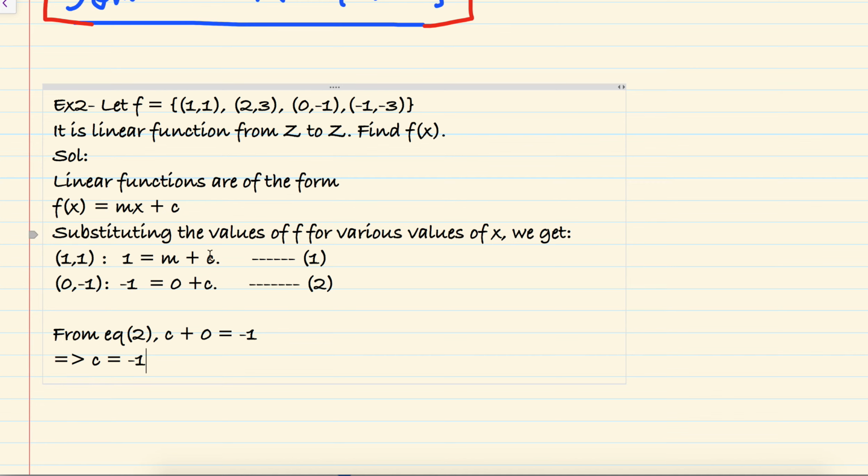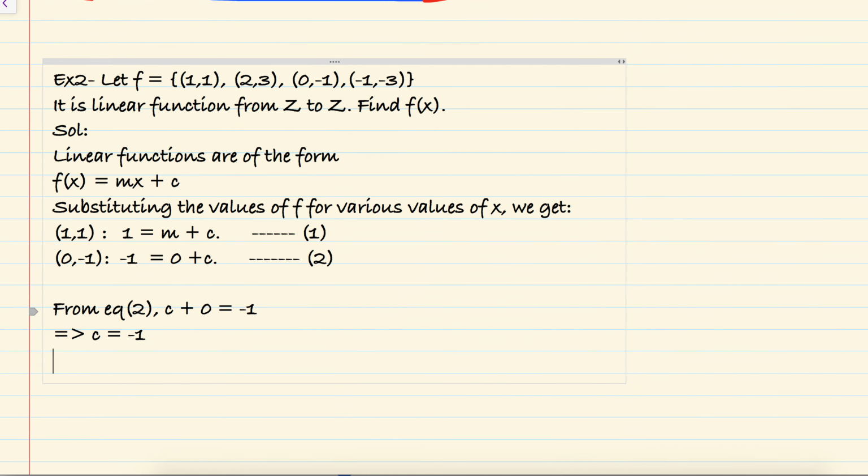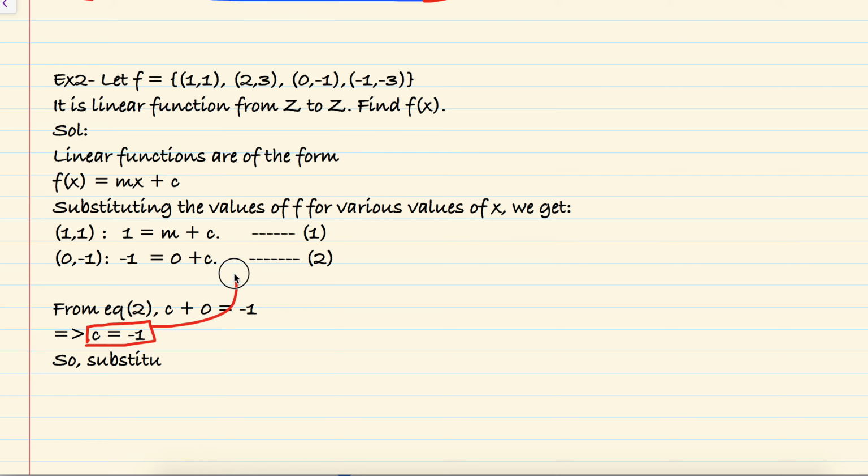So we got the value of c. C is minus 1, so we can put this in our first equation.